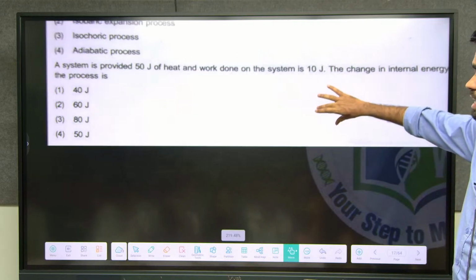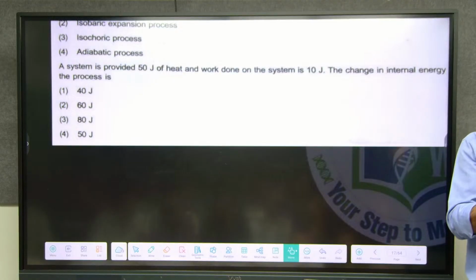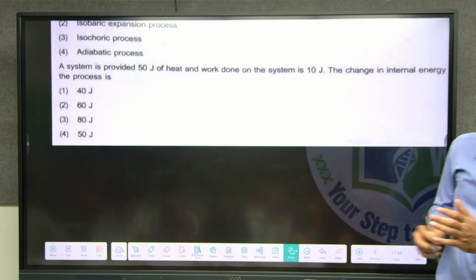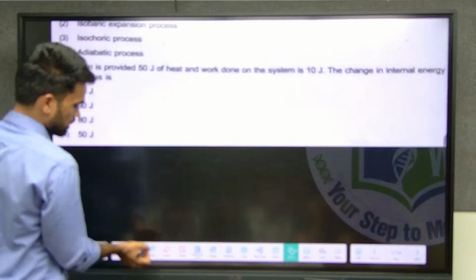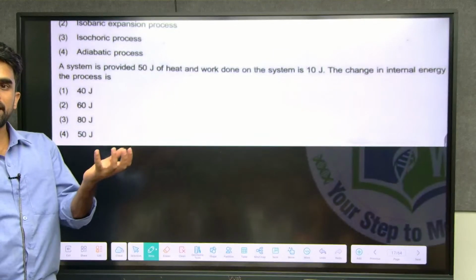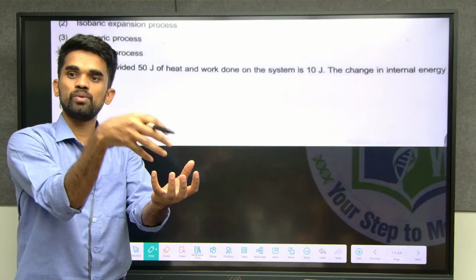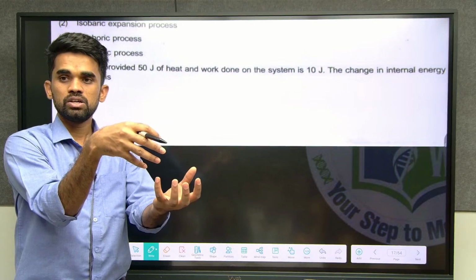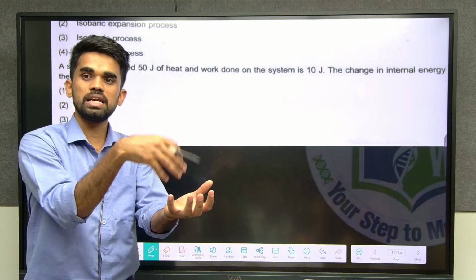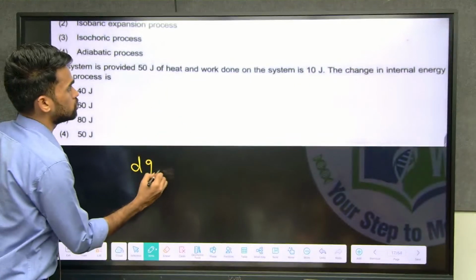The change in internal energy is? How are you doing, tell me? A system is provided 50 joules of heat. It means heat is provided to that system. Is it heat given to the system or released by the system? Given to the system. So dq equals plus 50.